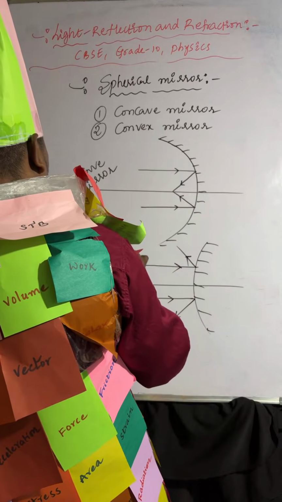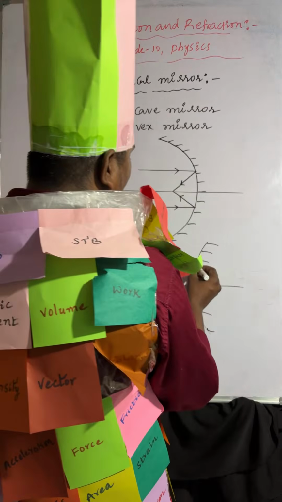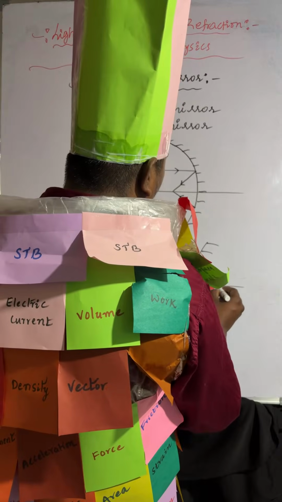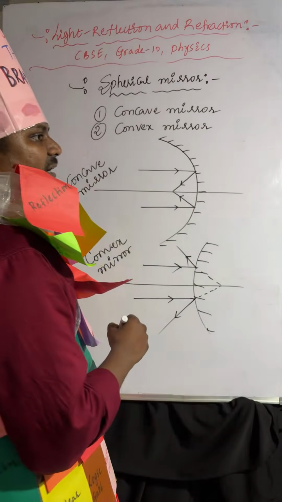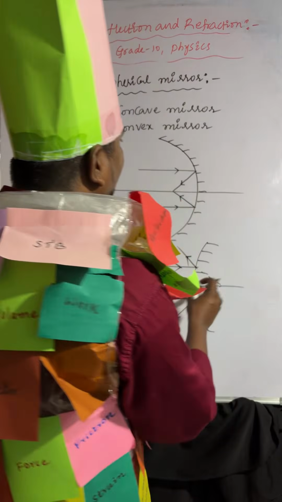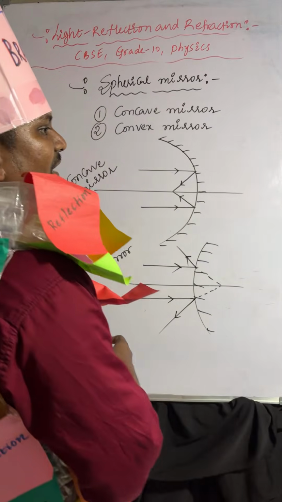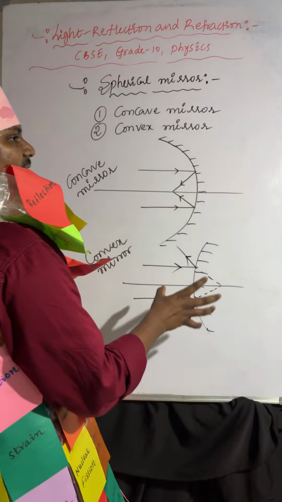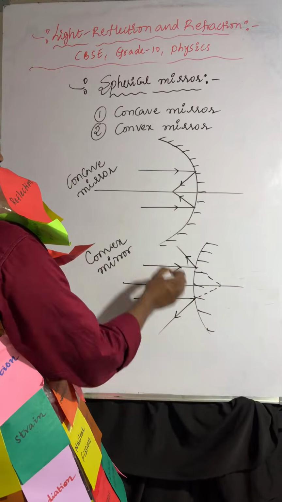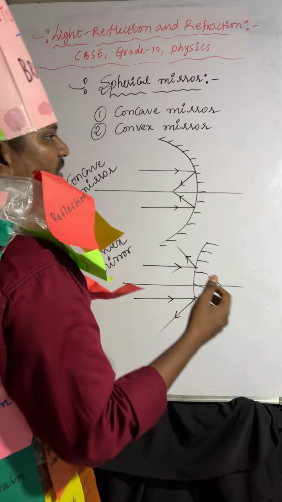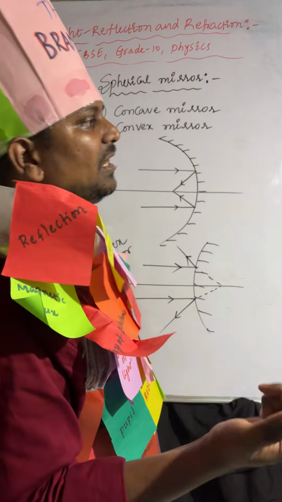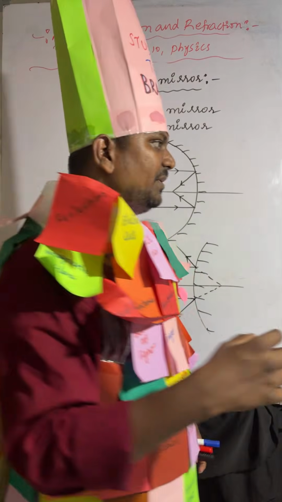In the convex mirror, after reflection, if you extend the reflected light rays, those extended reflected rays meet at one point. Here we always get a virtual, erect and diminished image in the convex mirror. In the concave mirror, we get two types of images: real inverted and virtual erect. I hope it is very clear.